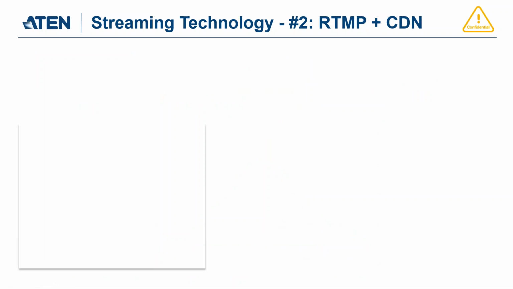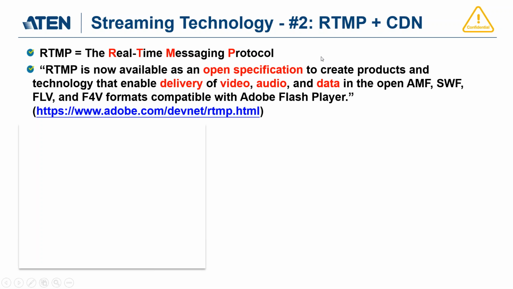So what does RTMP stand for? You may notice we put another terminology here called CDN. Well, let's start with RTMP. RTMP stands for Real-Time Messaging Protocol. So you are seeing some similarities here, and with the official description from the Adobe website, you can see it's also an open spec, and it helps to deliver video, audio, and data.